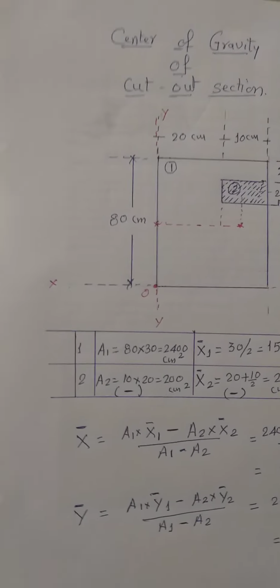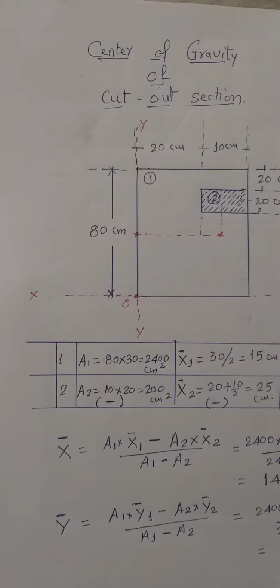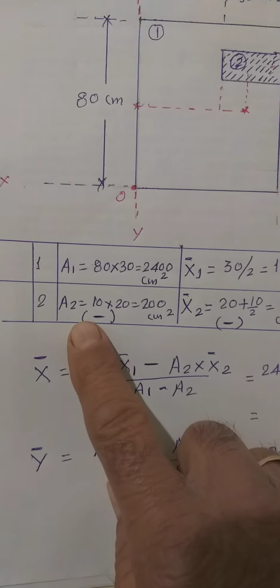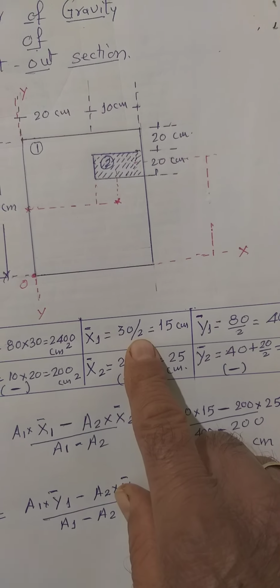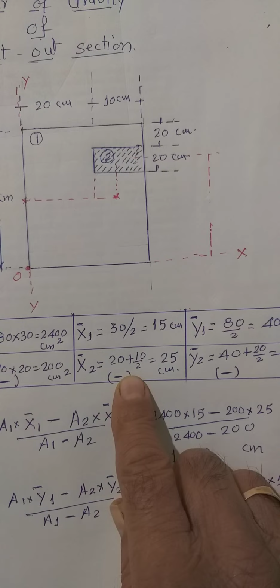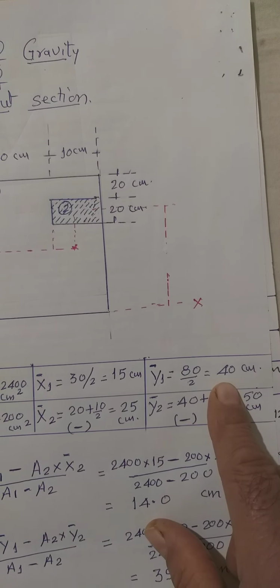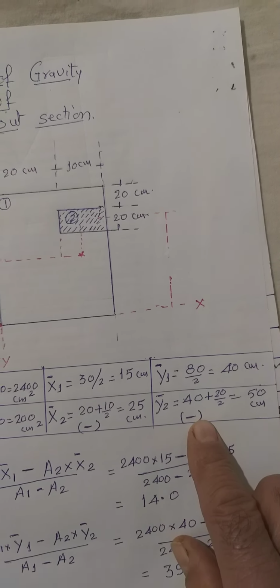Now here you can see, as we are considering this cutout section with a minus sign, A1 is taken as positive and A2 is taken as negative. X bar 1 is taken as positive, x bar 2 is given a minus sign. Similarly, y bar 1 is taken as plus sign, y bar 2 as a minus sign.